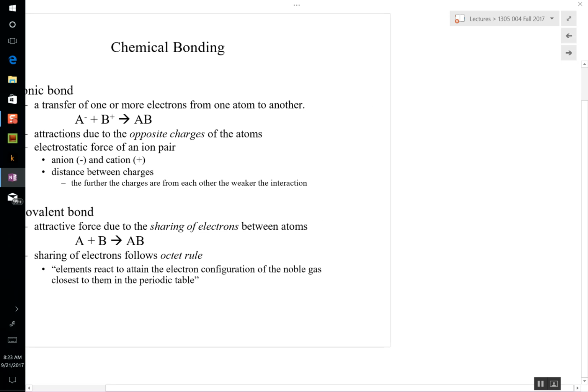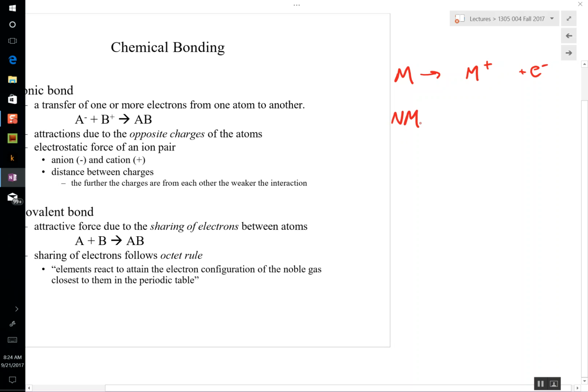Okay? So that's normally, let's just use M for metal. A metal tends to form an M plus ion, or a positive ion, it loses electrons.